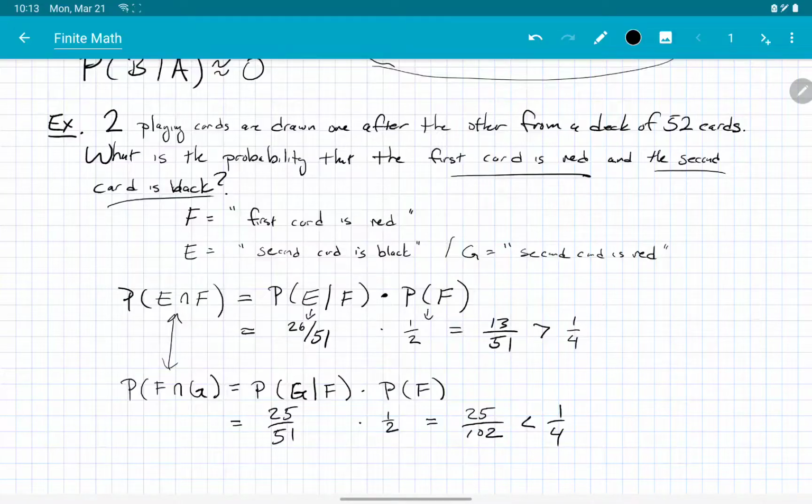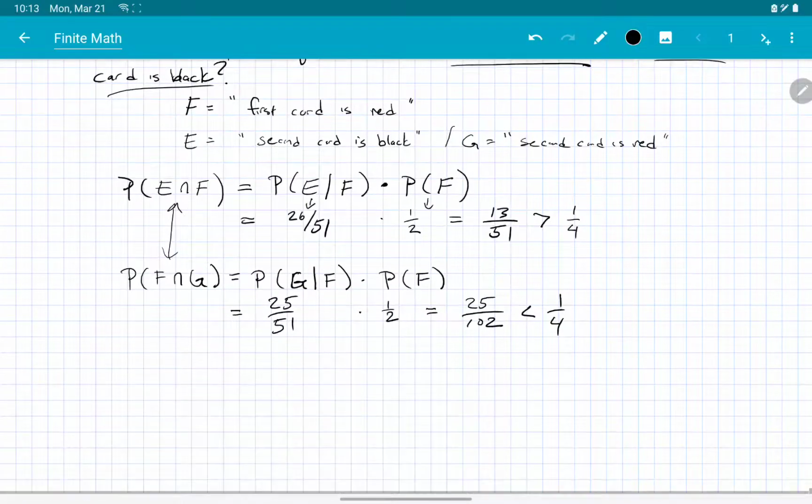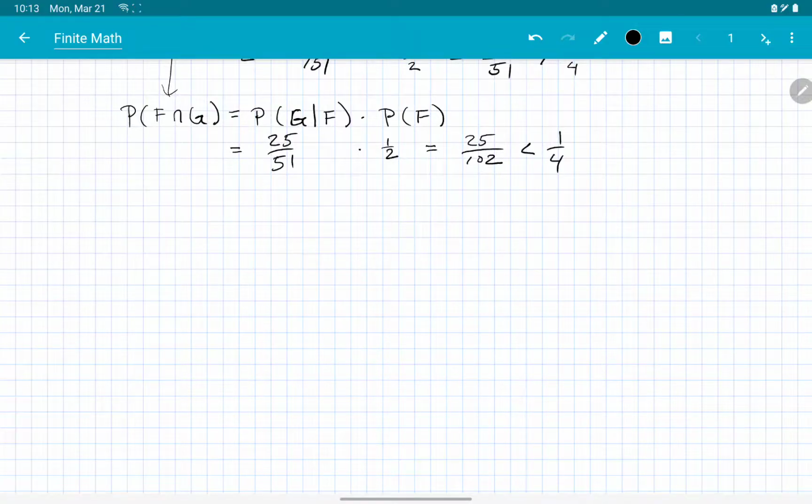Okay, now let's do another problem about two things happening. We're going to roll two dice, one after the other. So we're not rolling them at the same time. We're going to roll a die. We'll have die number 1 and die number 2.